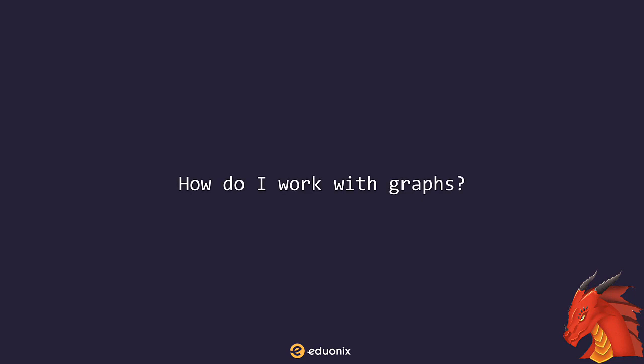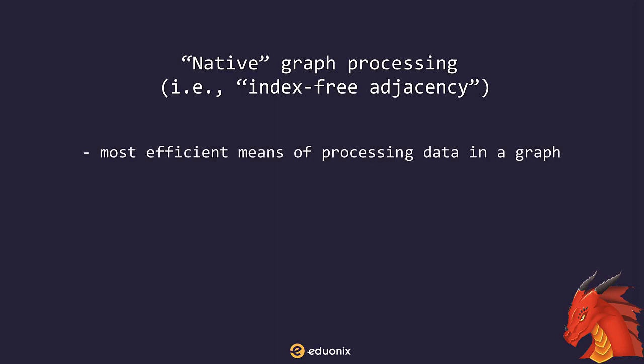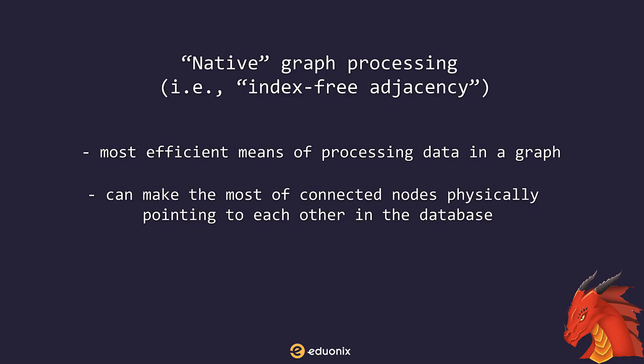How do I work with graphs? Native graph processing, or as it's called, index-free adjacency, is the most efficient means of processing data in a graph. This is because native graph can make the most of the connected nodes physically pointing to each other in the database.